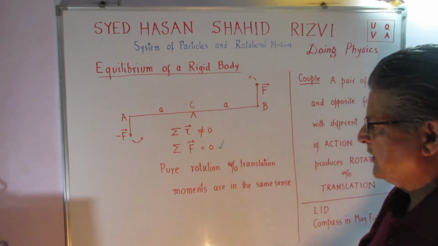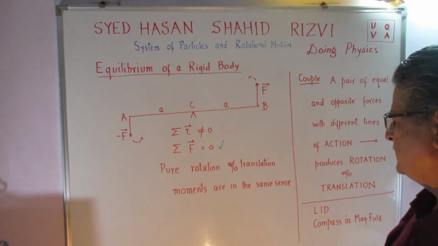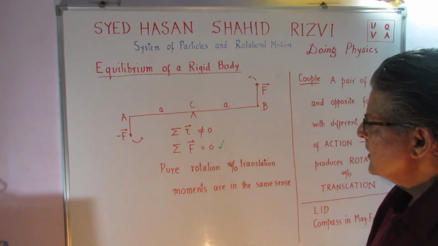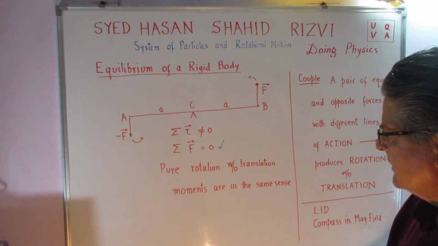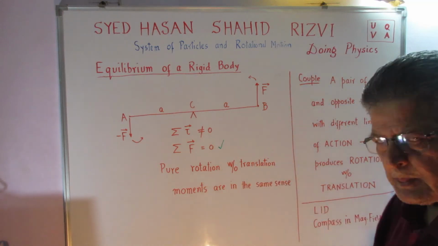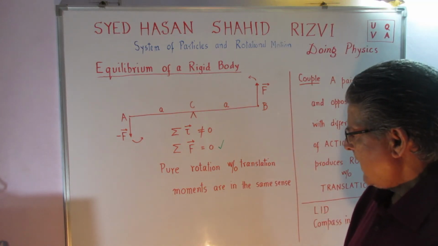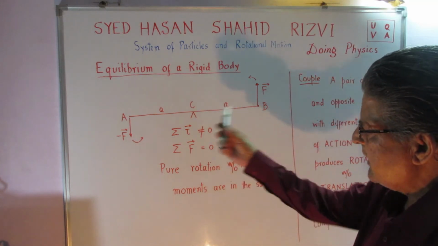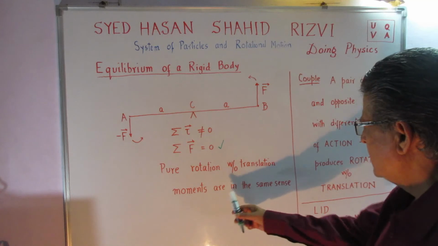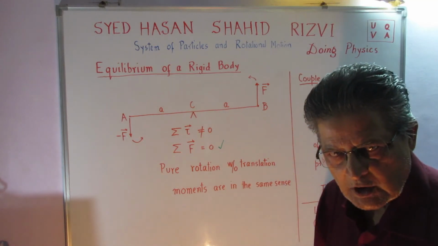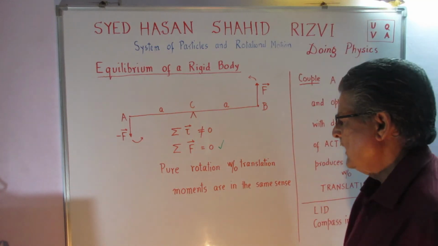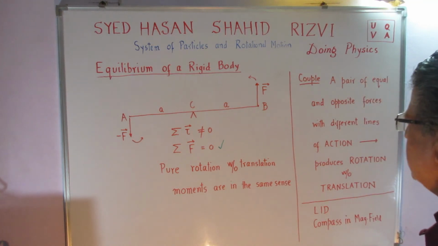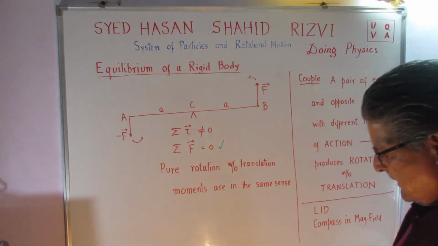This is the situation, and such situations do exist, where we have a case of pure rotation without translation. As I said, the moments of the forces F and minus F are in the same sense. So this is the case of a partial equilibrium.